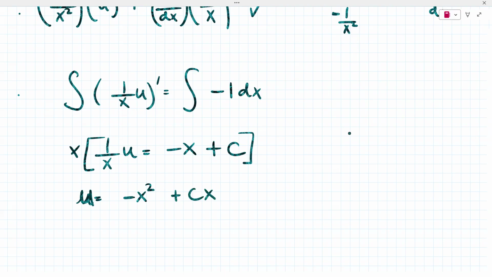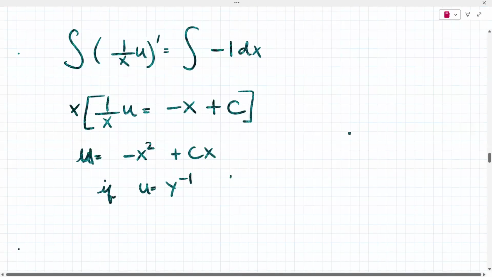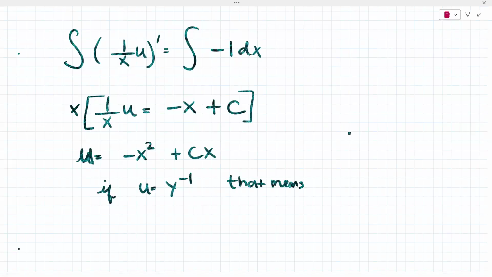So if u equals y to the negative 1, that means y to the negative 1 is equal to negative x squared plus cx.